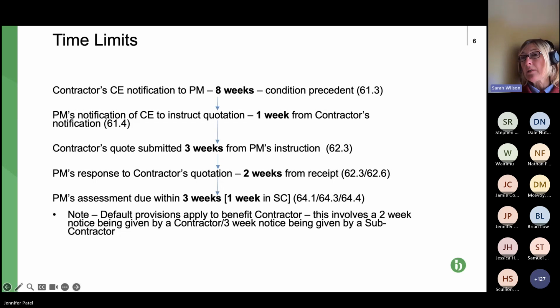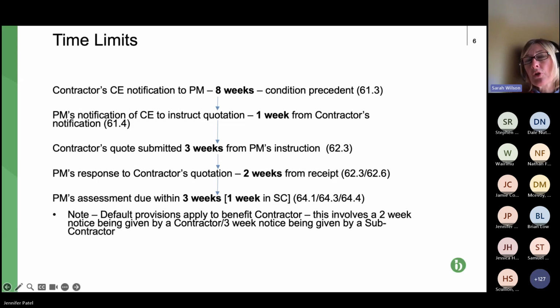If it's accepted, great, everybody agrees it, and then it can be implemented, incorporated into the activity schedule if you're on option A, for example, and paid, EOT extend the programme in accordance with the agreement.